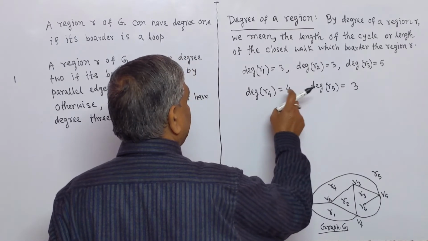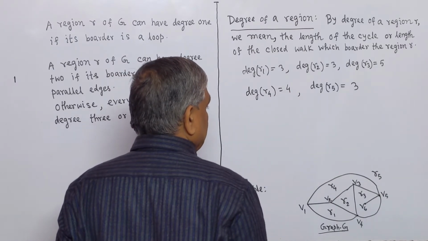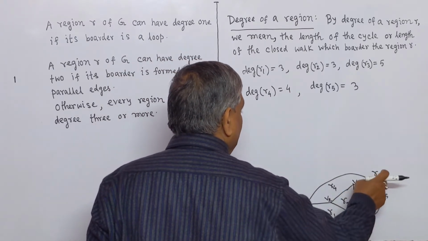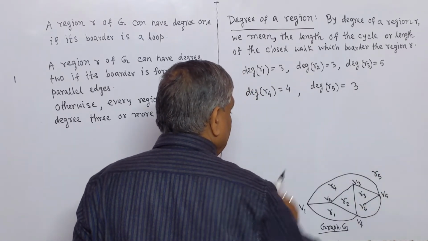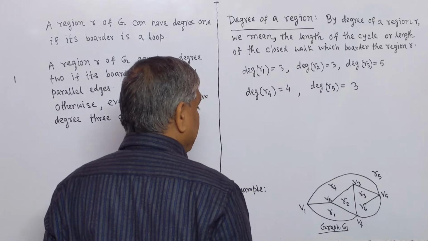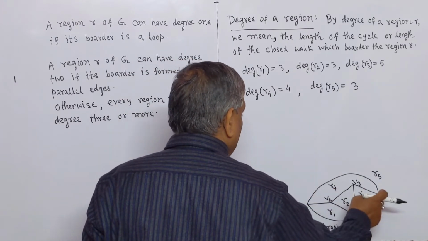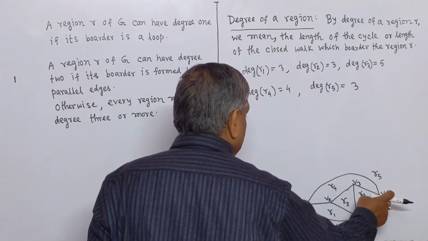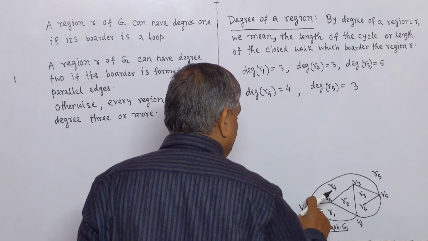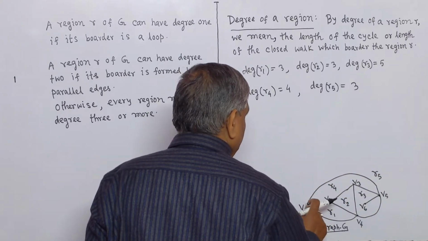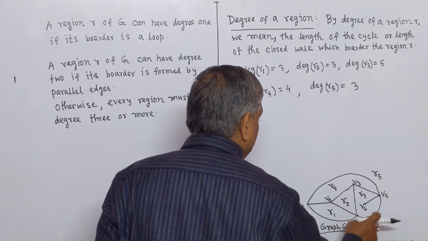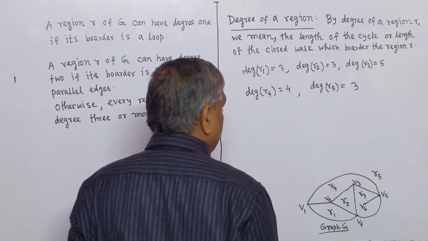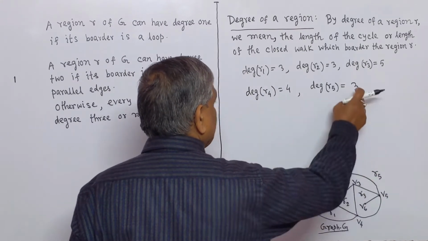So degree of R4 is 4. Now degree of R5 is an infinite region, but we take the border V5, V1 as one edge, V1 and V4 second edge, and V4 and V5 third edge. So degree of R5 is 3.